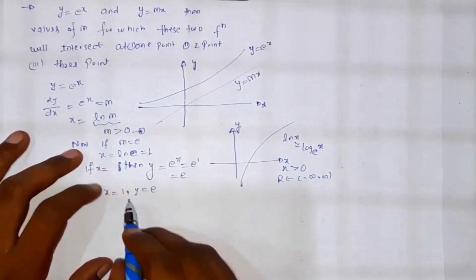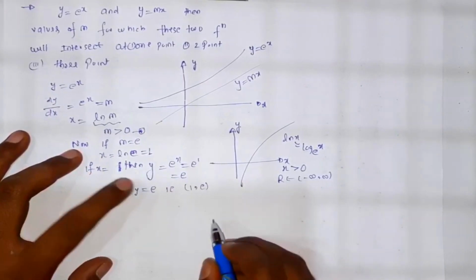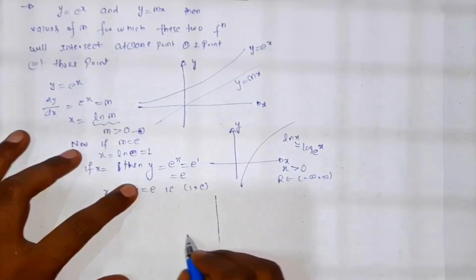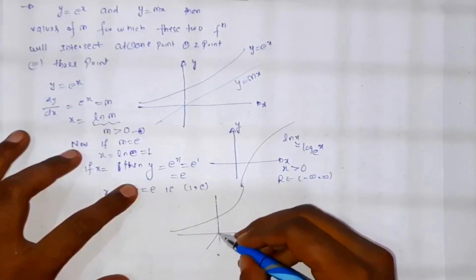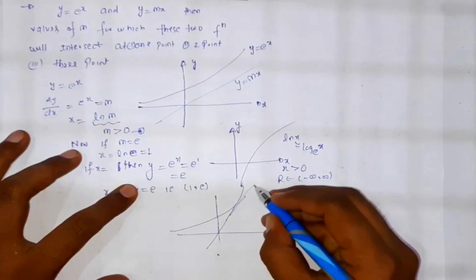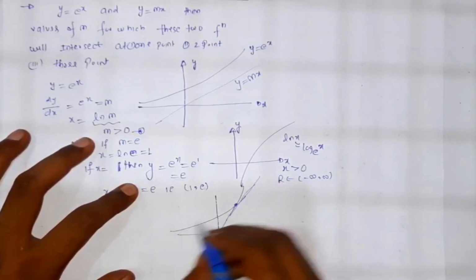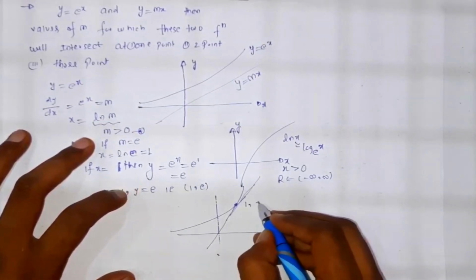So at 1 comma e, I'm going to draw the graph again of the above function like this. This line will touch this curve at one point, 1 comma e.